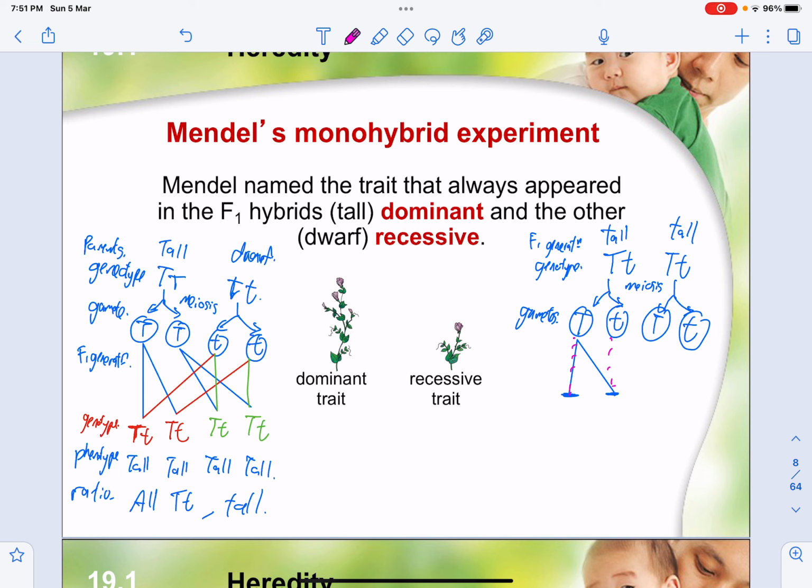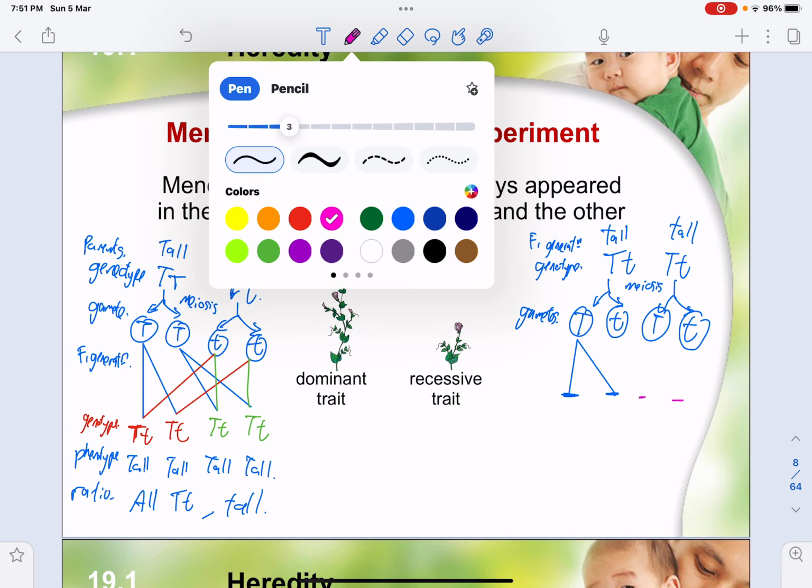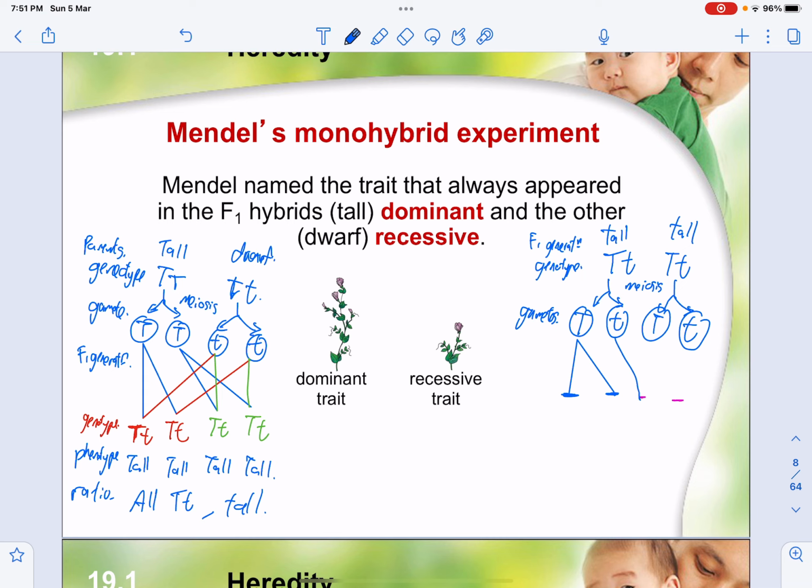So this is what I do. The next one I will want to aim somewhere here and here. So that's where I will draw the second line. One here, one here.